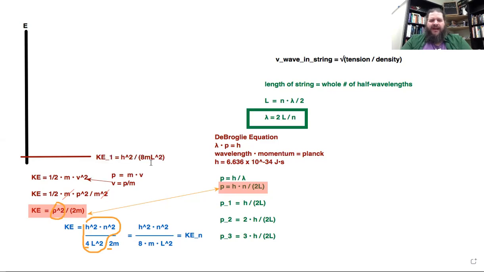The next energy it can have, what happens if we plug in 2 for n? What does the overall energy get multiplied by? It's not just going to be 2 though, because remember n is being squared. Yeah, we're going to get 4 times h squared over 8 ml squared.